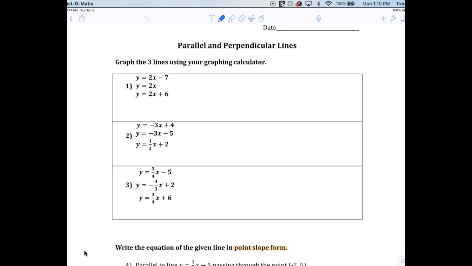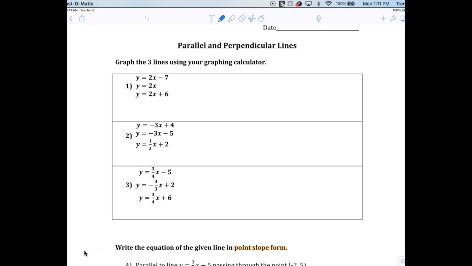So on the top of your paper, write: lines that are perpendicular have slopes that are negative reciprocals. Perpendicular lines have slopes that are negative reciprocals of each other.